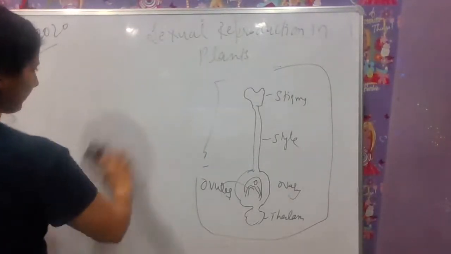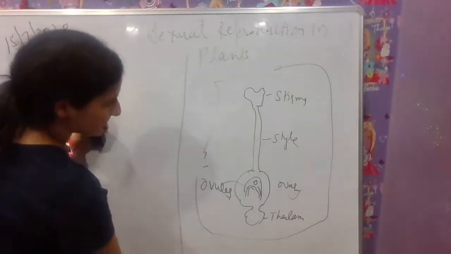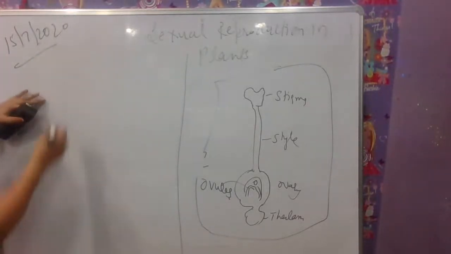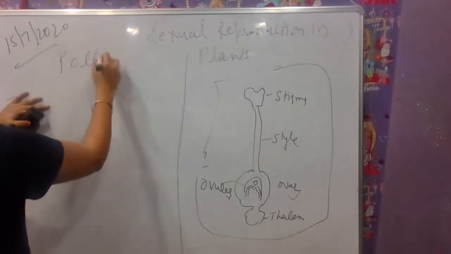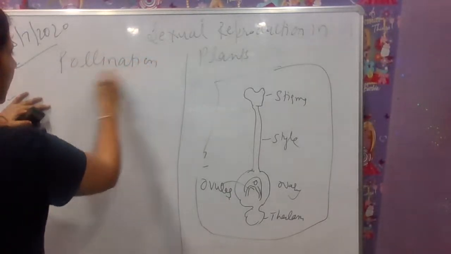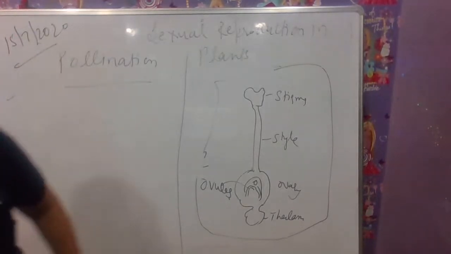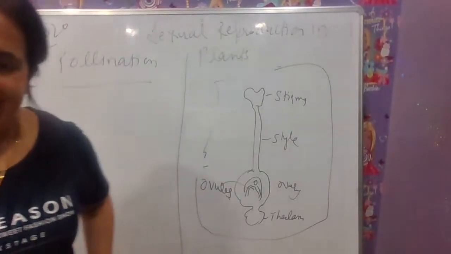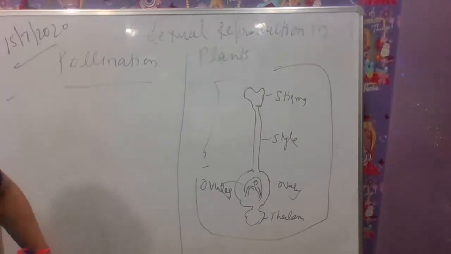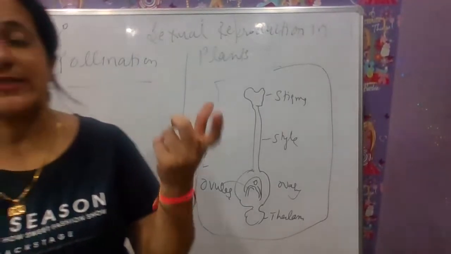Okay. So first of all, keep this diagram separate. Meanwhile, I'll discuss the topic of pollination. Yesterday, I also discussed with you two types of flowers, unisexual and bisexual. A bisexual flower has both male as well as female reproductive parts present on the same flower.